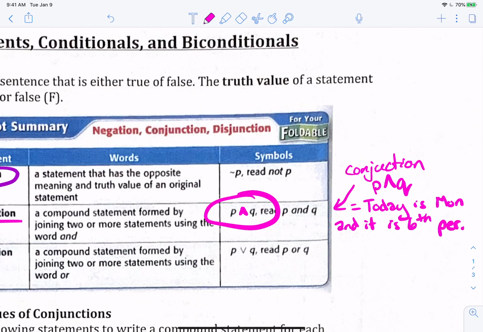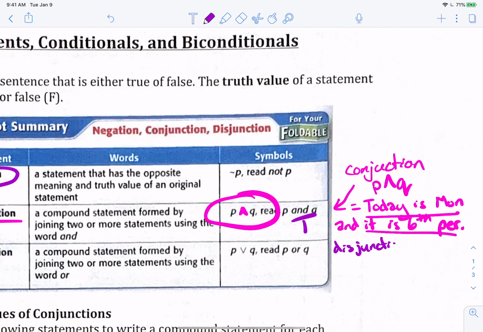The P part is "today is Monday," the Q part is "it is sixth period," and I put an "and" in between them. Now, is that entire statement true or false? True.